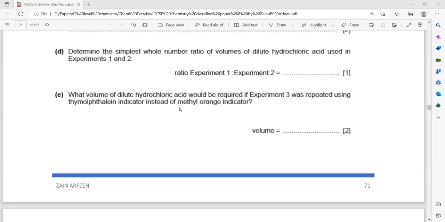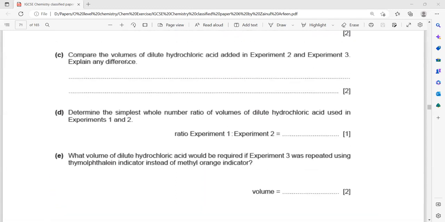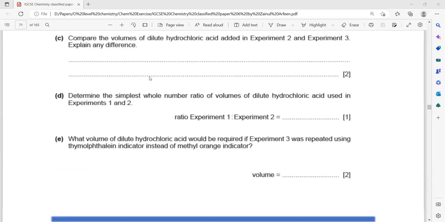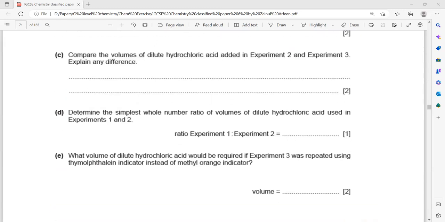Determine the simplest ratio of the volume, compare the volume of hydrochloric acid and explain any difference. Why we need different amounts of hydrochloric acid, you have to mention the reason here. So what might be a reason? Solution F is more concentrated, that's why you need a greater amount of HCl.